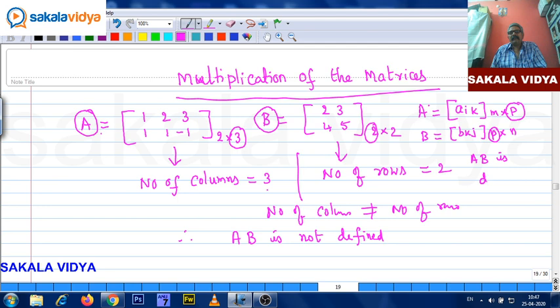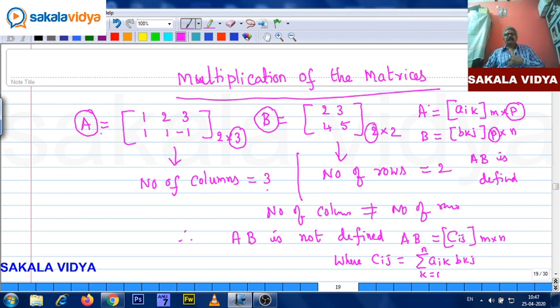Then we can find AB, which we can write as Cij, whose order is m by n, where Cij equals the sum over k from 1 to p of Aik into Bkj. This is the definition of the product of the two matrices AB.